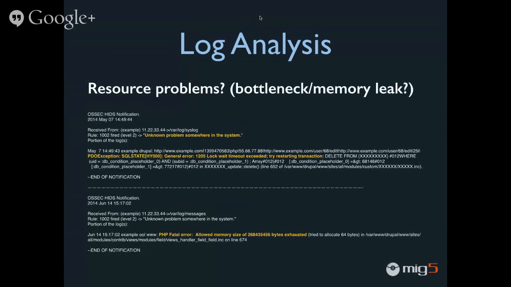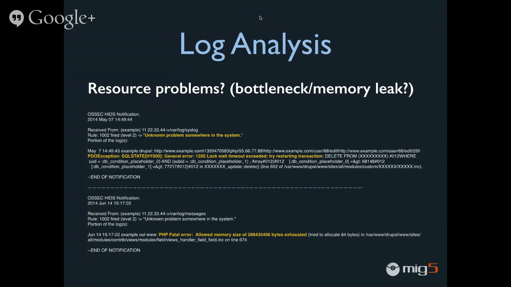As well as Drupal issues and attacks, OSSEC is good at detecting general problems. It has an idea of what a problem might look like, often based on the actual message. So it probably picked up a general error here. This is a MySQL lock wait timeout issue. It's very common on a very busy Drupal site that doesn't have adequate measures in place, kind of like a stampede of too much activity.